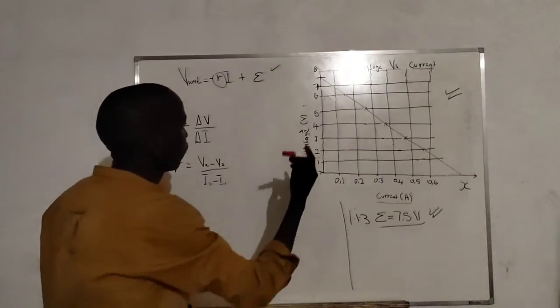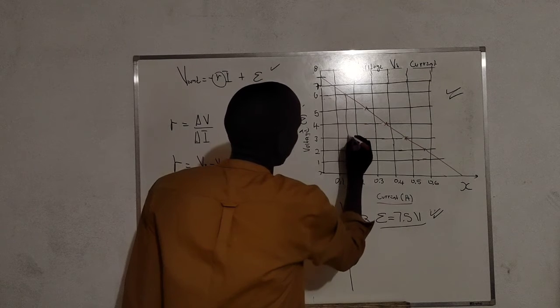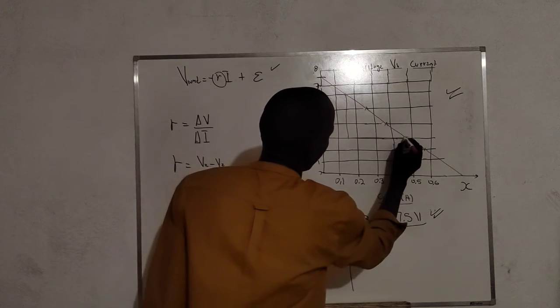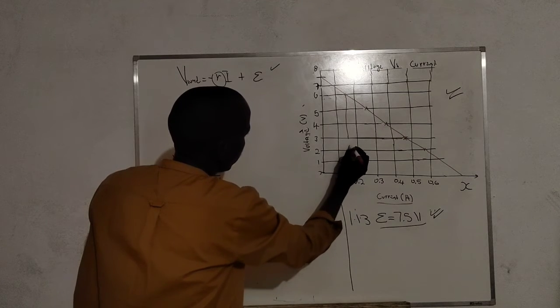Now I'm going to choose random coordinates from that graph. I'm choosing two coordinates here, and this one is the current, so current is x.